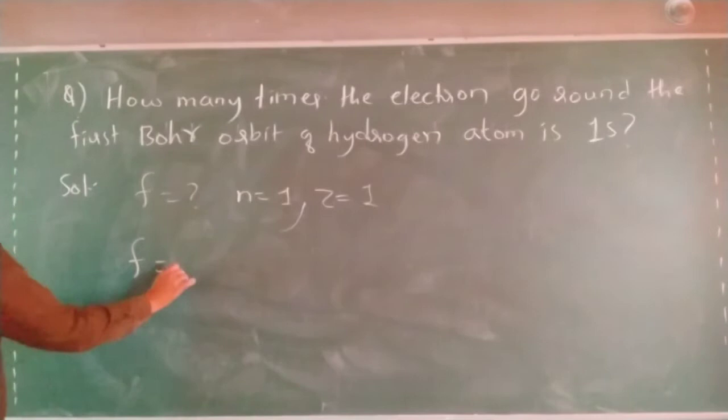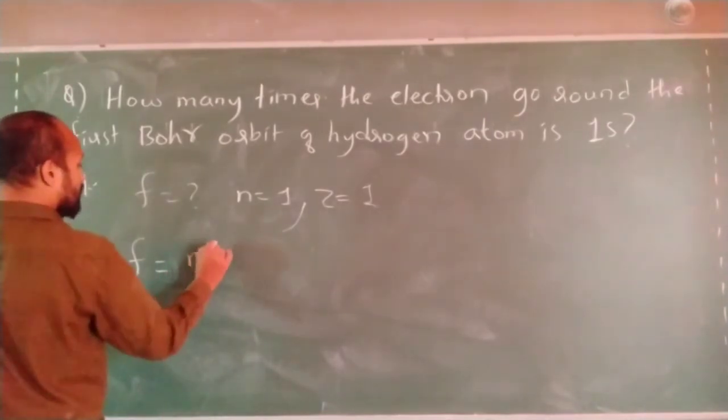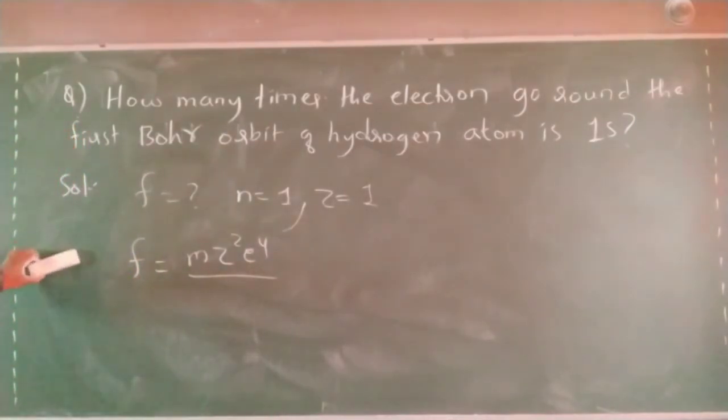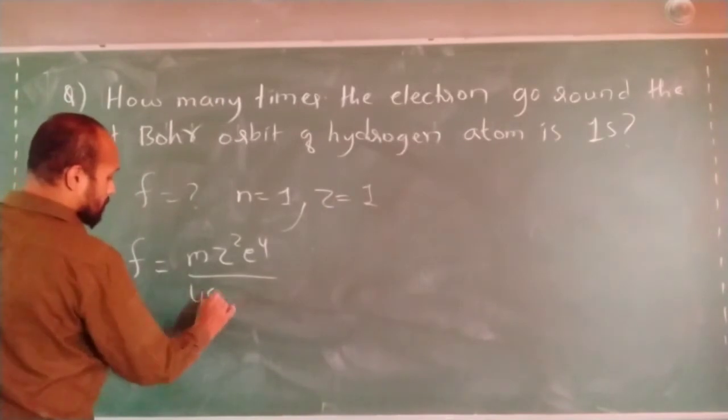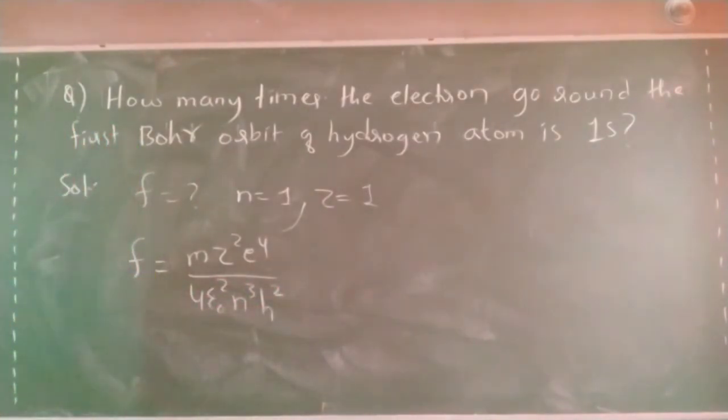So as we know, f is equal to m Z square e to the power of 4 divided by 4 epsilon naught square n cube into h square. Correct now? Sorry, not h square maybe.